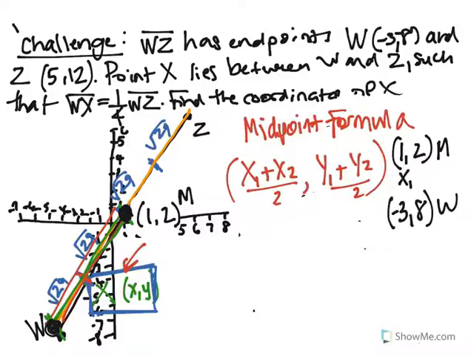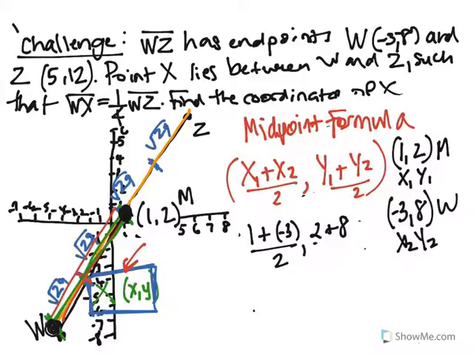So this will be my x1, this will be my y1, this will be my x2, and this will be my y2, all right? So I have x1 is 1, x2 is -3 divided by 2, y1 is 2, y2 is 8 divided by 2.